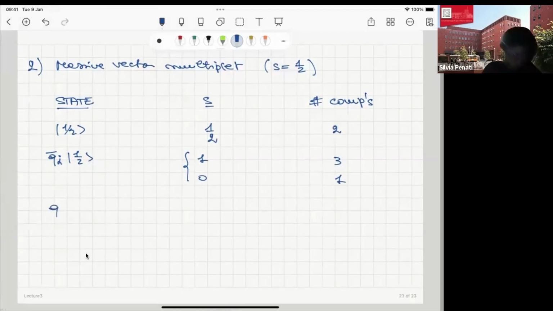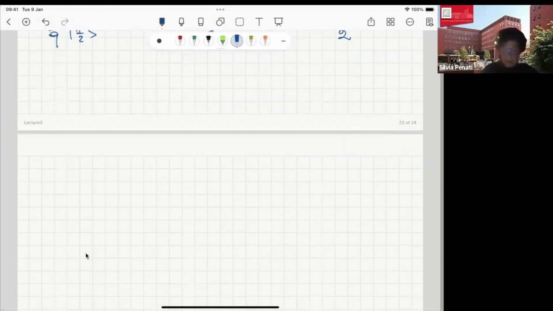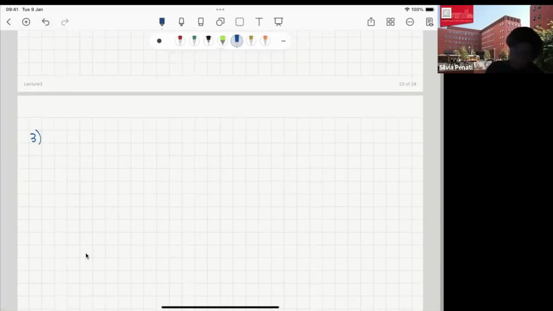And finally, when I apply Q bar square, I am back to spin 1/2 with 2 components. Finally, a third relevant multiplet, which is worth mentioning, is the one corresponding to spin 3/2. This is the massive Weyl multiplet.